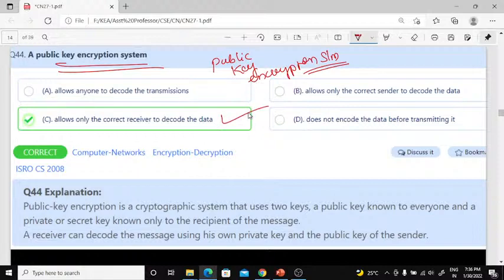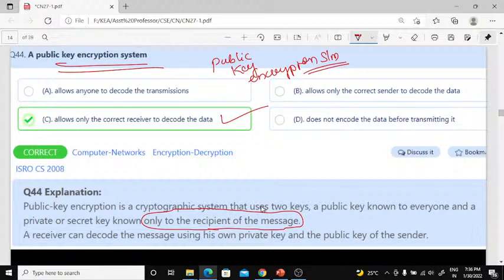Public key encryption is a cryptographic system that uses two keys. A public key is known to everyone, and a private key or secret key is known only to the recipient of the message, who is going to receive the message.